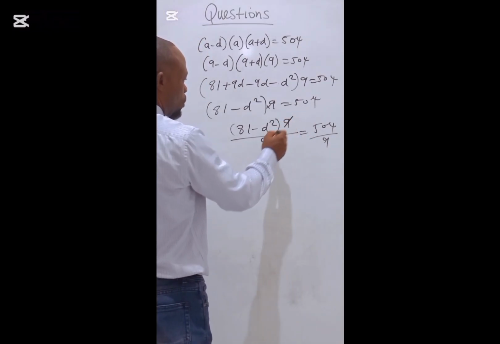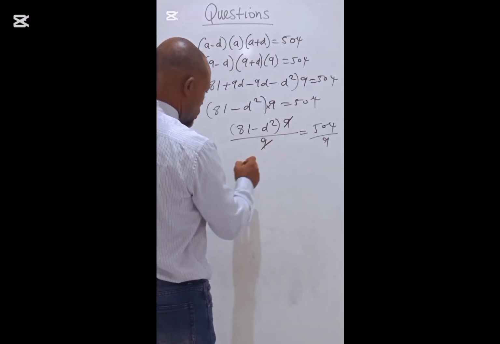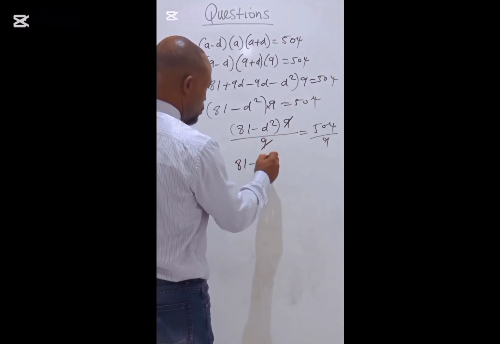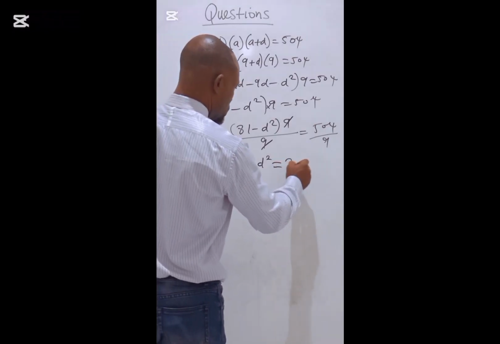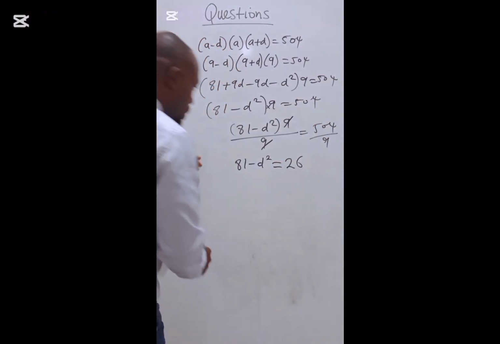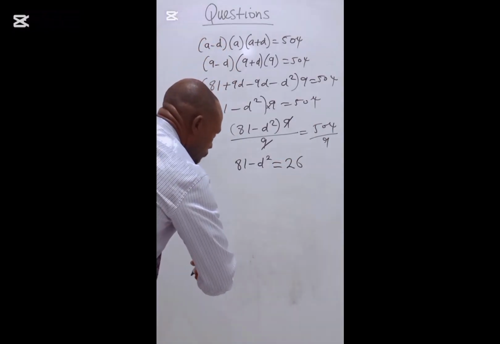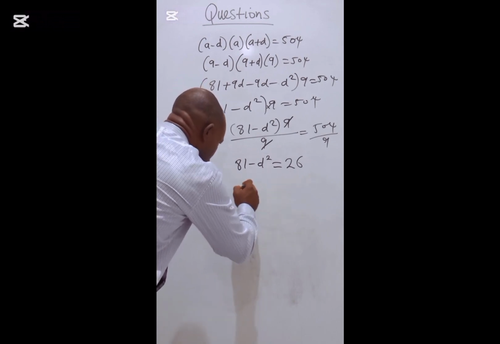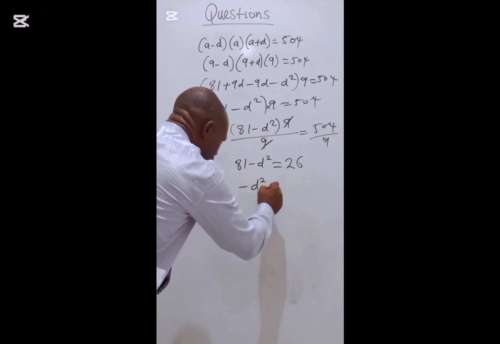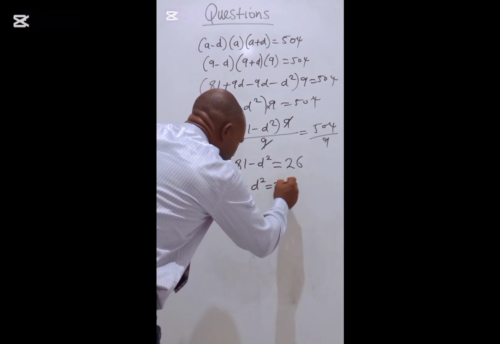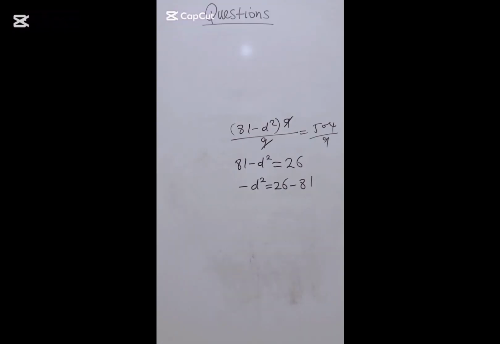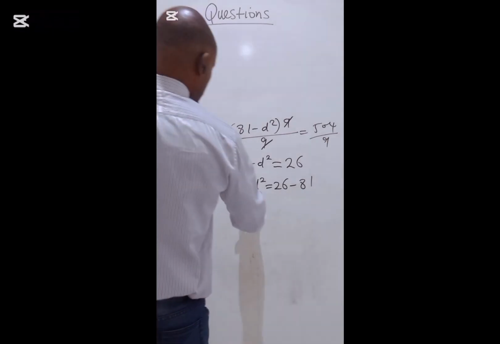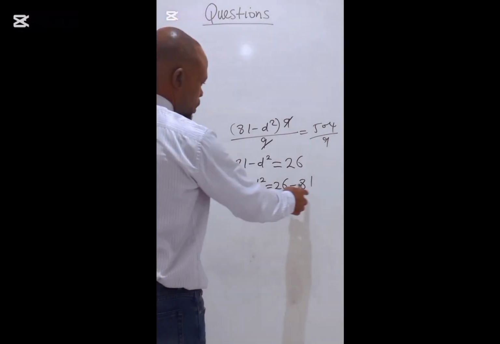So 9 will cancel out 9. This becomes 81 minus D squared is equal to 504 divided by 9, which is 56. Therefore, minus D squared is equal to 56 minus 81.